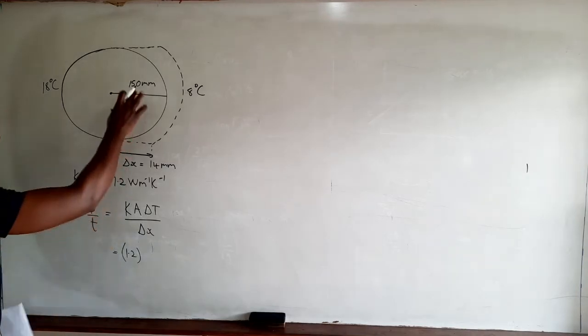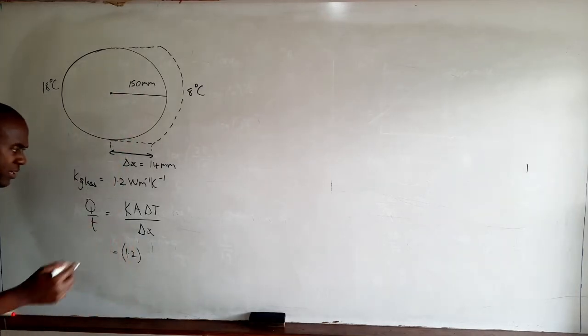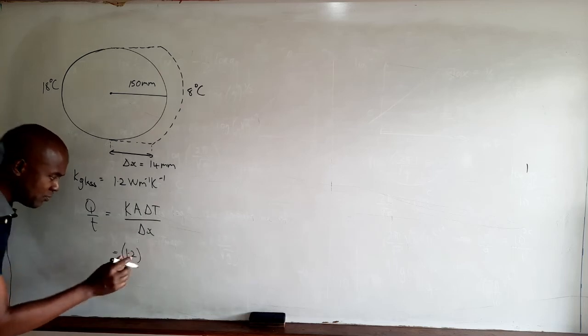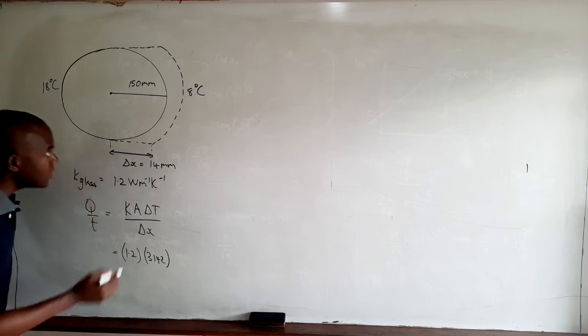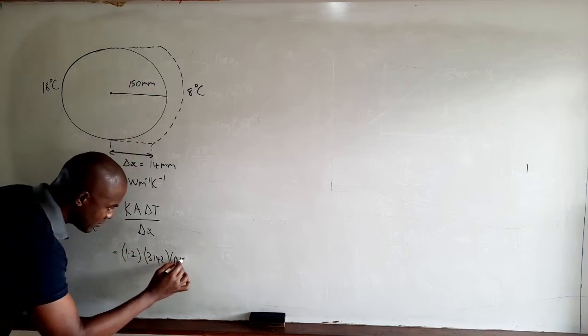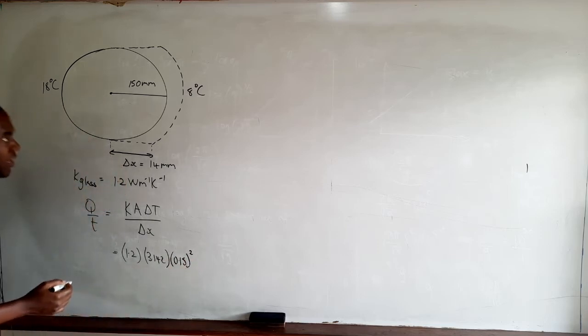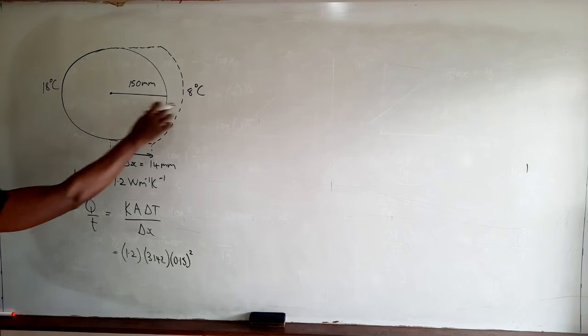Given the radius r, the area is pi r squared. Taking pi as 3.142, this becomes 3.142 times r squared, which will be 0.15 meters, so 0.15 squared. And our delta T would be the difference between the inner and the outer temperatures.